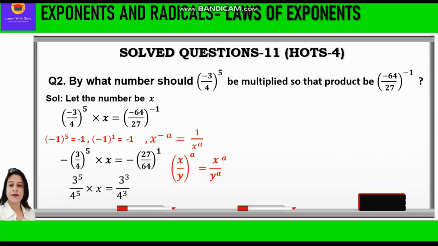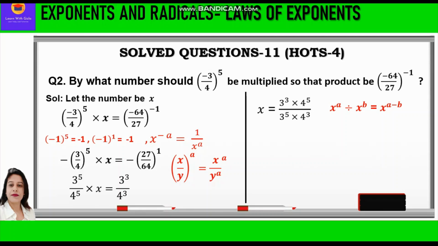Now we shall cross multiply. So we shall get x is equal to 3 cube into 4 raised to power 5 upon 3 raised to power 5 into 4 cube. Now further we shall solve it by using the law of quotient of powers, according to which whenever we have two exponents divided by each other, we subtract the powers. It says x raised to power a divided by x raised to power b is equal to x raised to power a minus b.